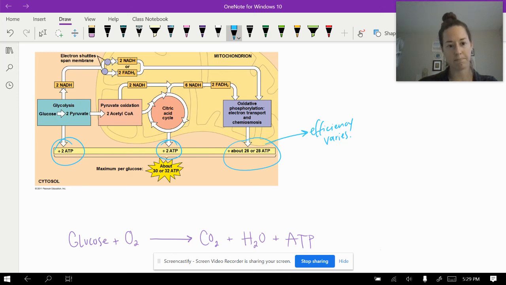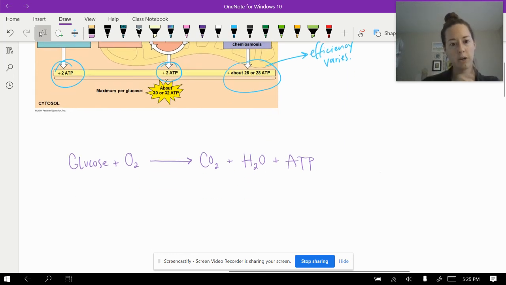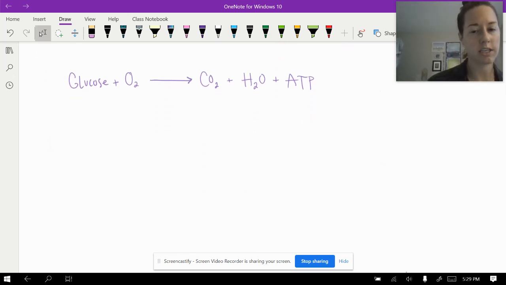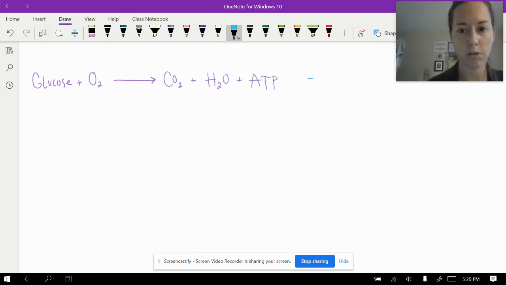And then I just want to look at our reaction really quick. So of course, this is aerobic cellular respiration, which I'll just make a note that this is aerobic cellular respiration.